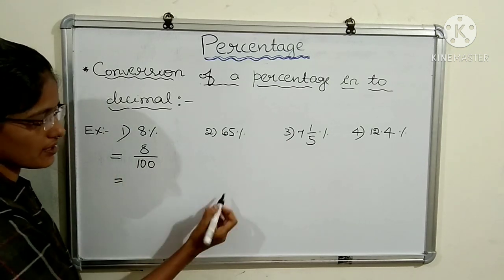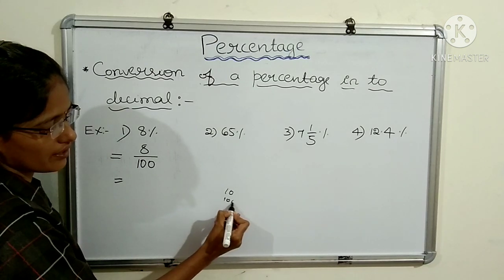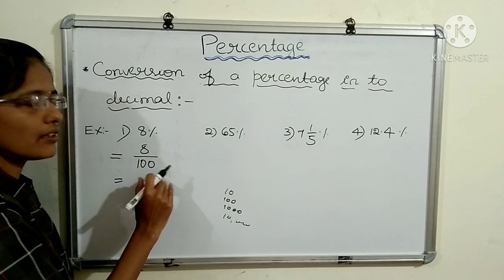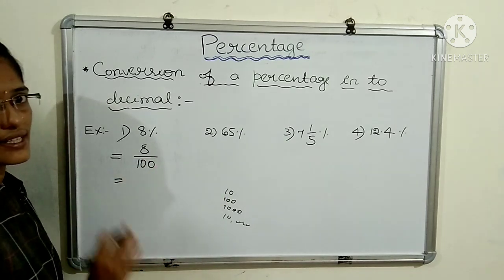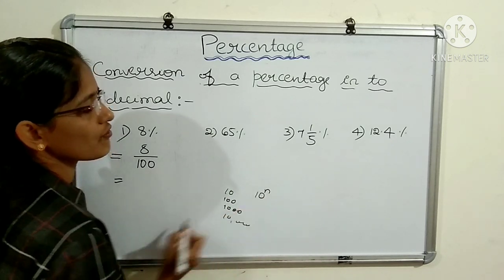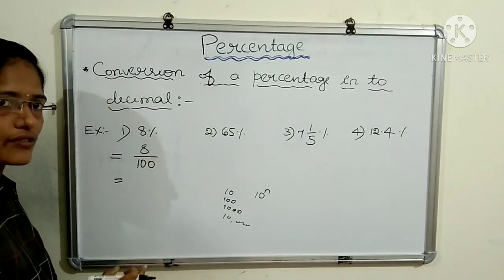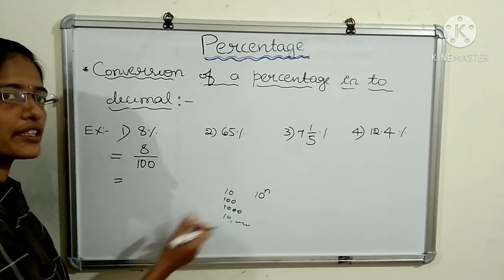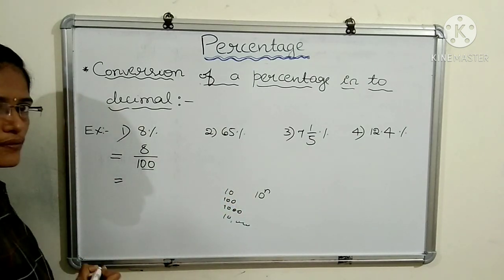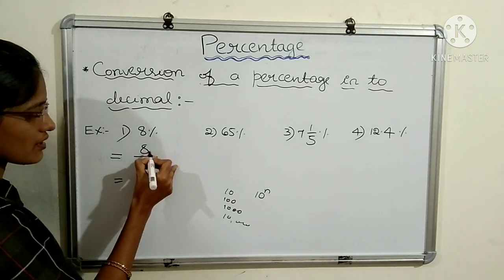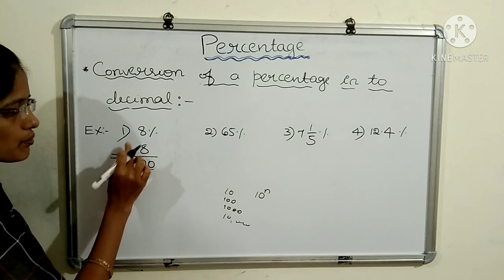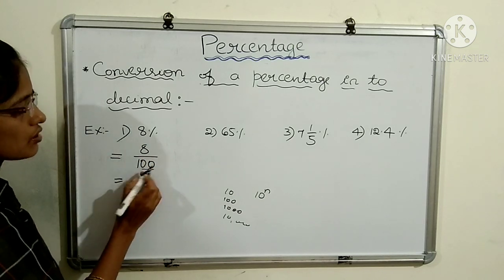If denominator is either 10 or 100 or 1000 or 10,000, if it is like this, to convert decimal it is very easy. We are saying that if the denominator is 10 power n form, we can easily convert decimal without dividing. How it is? Here in the denominator there are 2 zeros. So in the numerator, start from the unit place, we have to shift this decimal point to 2 places.